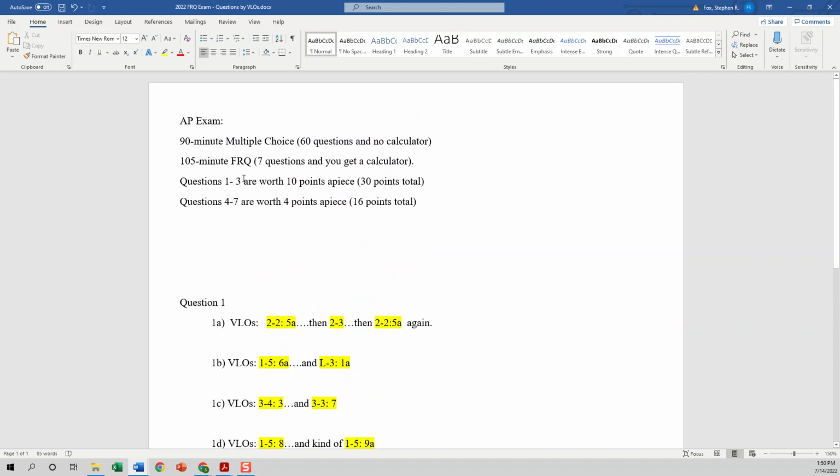Questions 1 through 3 on the free response section are 10 points apiece, and questions 4 through 7 are 4 points apiece. That's a total of 46 points. So you should think of the free response section as around 46 prompts, 46 things you're going to have to answer, 1 point per thing. A handful of questions might be worth 2 points, so it might not be exactly 46 prompts, but it tends to be close to it.